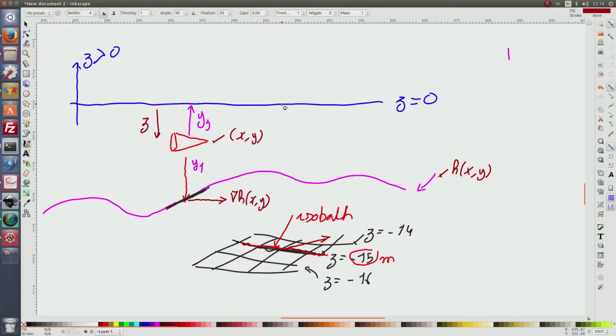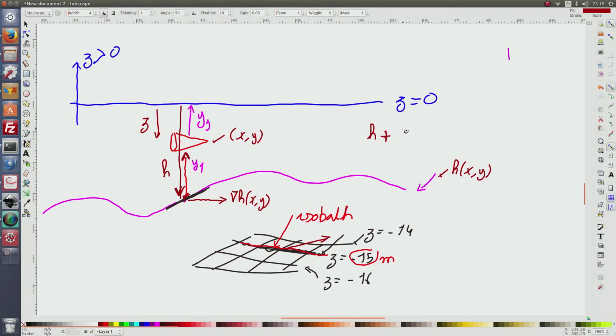So we can see from this relation that h at this point corresponds to this. What I can see here is that h, which is negative, so oriented downward, plus y1, which corresponds to a distance, so positive, oriented upward.